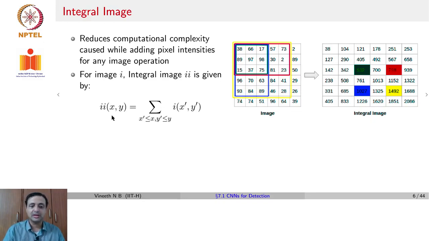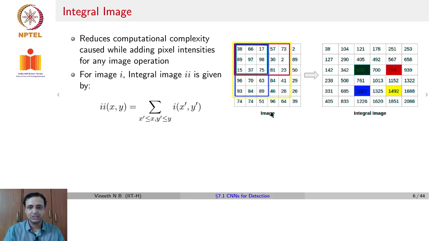Mathematically, you could write it as the integral image at the x comma y location being the summation over x prime less than or equal to x, where x is the current location, and y prime less than or equal to y, y being the current y location, of I of x prime, y prime. So you add up all the pixel values until that particular pixel that you're looking at, and the sum of all of those intensities is what you fill in at that pixel in the integral image.